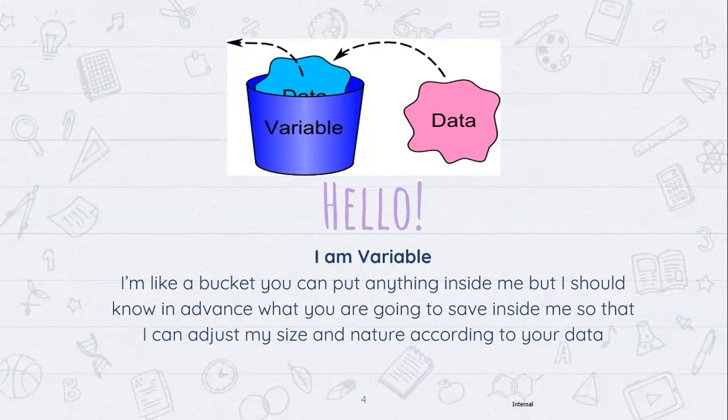You can see a variable is just like a bucket. You can put anything inside it. But before putting anything inside your bucket, you need to know the data type, what kind of data you are storing, so that the bucket can change its size and nature according to your data.